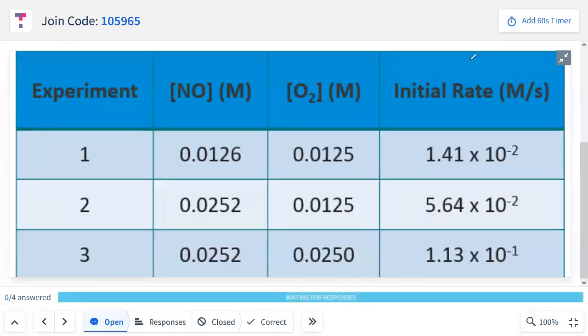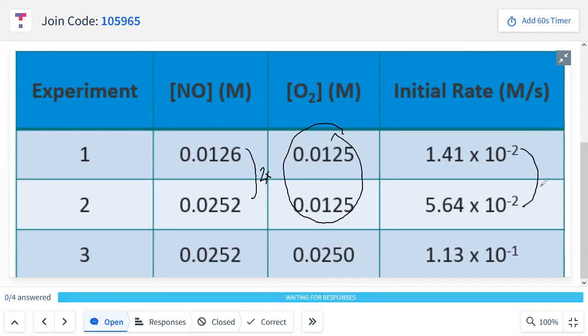All right, so let's see how we did here. Probably the easiest way of looking at this was using the inspection method. You can see that in experiments 1 and 2, the oxygen was held constant, whereas the nitrogen monoxide doubled.